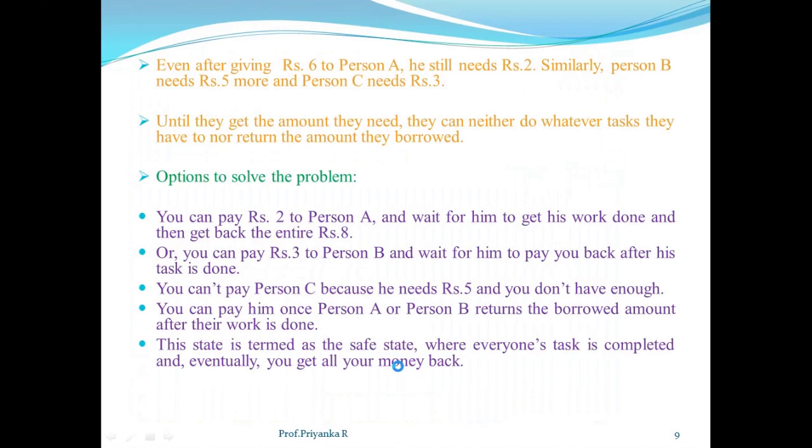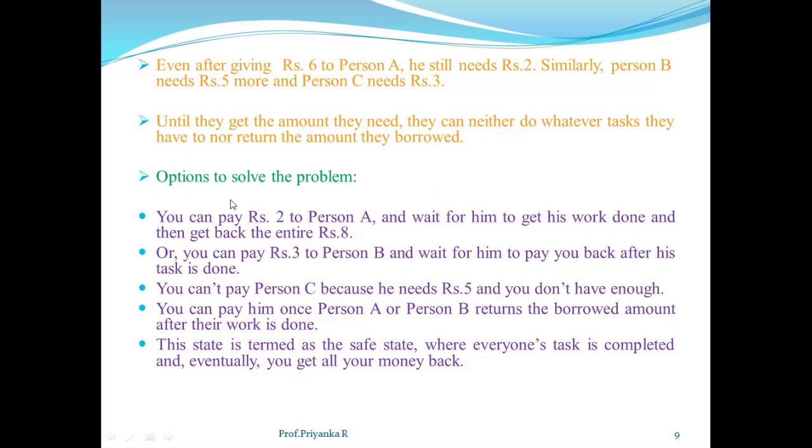So at this stage, until they get the amount they need, they can neither do whatever task they have nor return the amount they have borrowed. So this is a scenario where the resources have been allocated to the processes, but the process has a maximum need of some other value which should be satisfied for the process to get executed on the CPU.